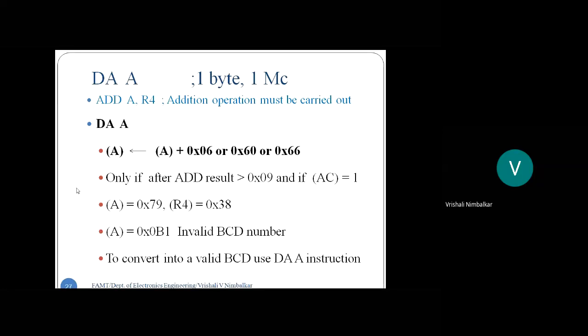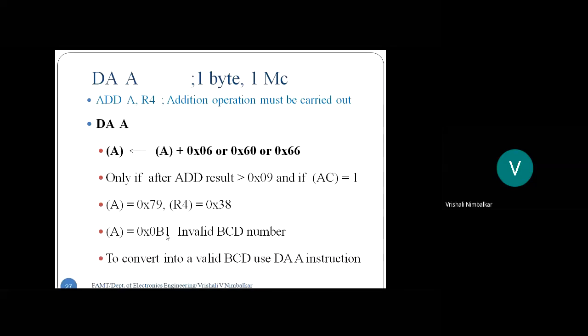Okay. So say for example, we have taken accumulator is having 79 hex, R4 is having 38 hex, and you're going to add them. ADD instruction, accumulator is 79, R4 is 38, addition will be in binary, and accumulator will show B1 hex. B is not a BCD number, so that's an invalid BCD number. Correct, students?